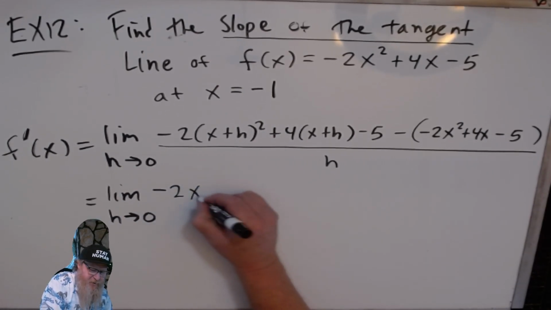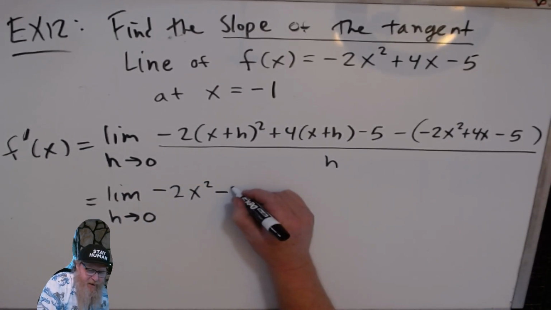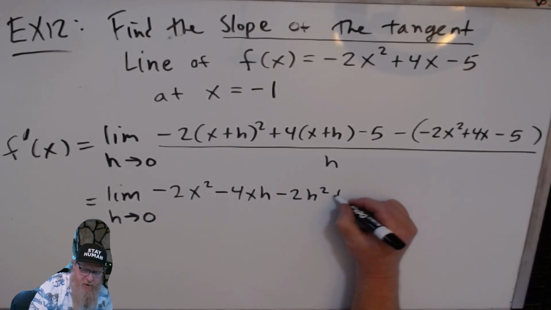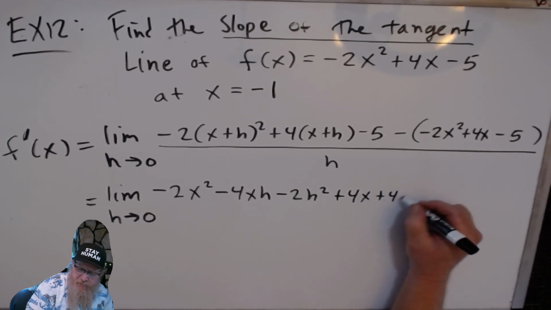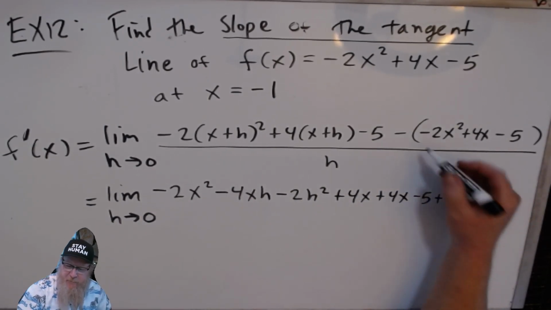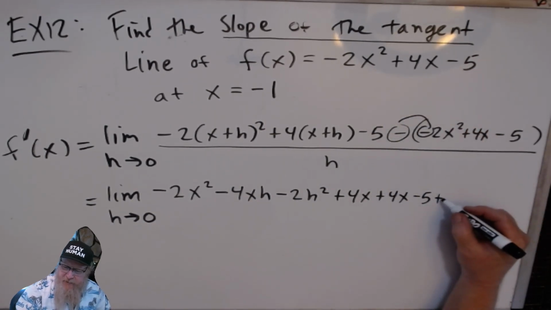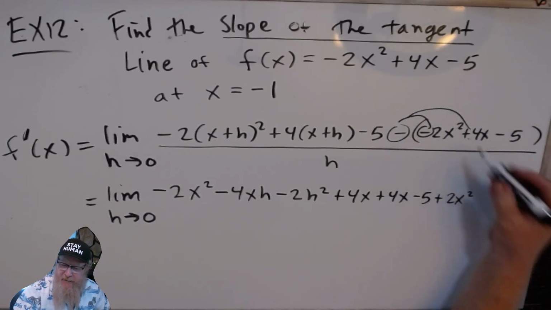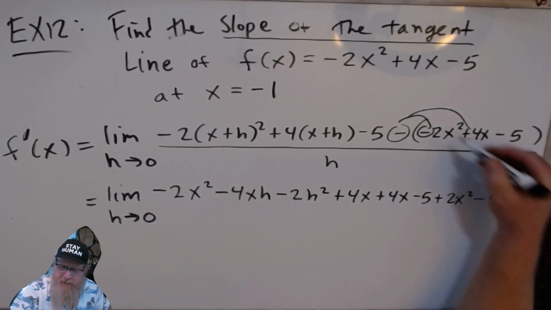So I got negative 2x squared minus 4xh minus 2h squared plus 4x plus 4h minus 5, minus, minus. This is going to be double negatives. That's plus 2x squared. Minus plus is minus 4x.